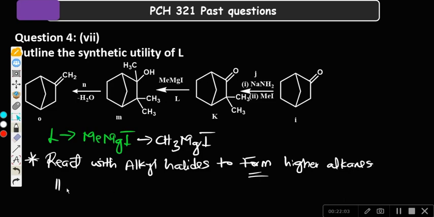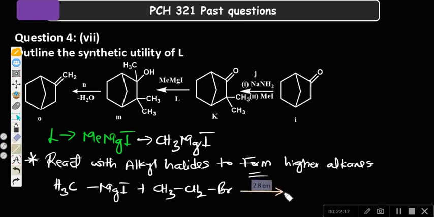For instance, you can say H3C MgI plus CH3CH2Br, arrow coming in here.